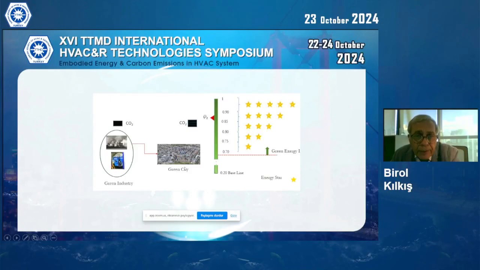And again, by simply tapping in the waste heat from a power plant versus making the city or the buildings green, there is a balance. Because if you tap in the waste heat rather than losing it in the cooling towers, for example, this means that the carbon dioxide emission responsibility plus the carbon dioxide emissions of the green city are balanced. Lower carbon dioxide emission responsibility from the power plant.